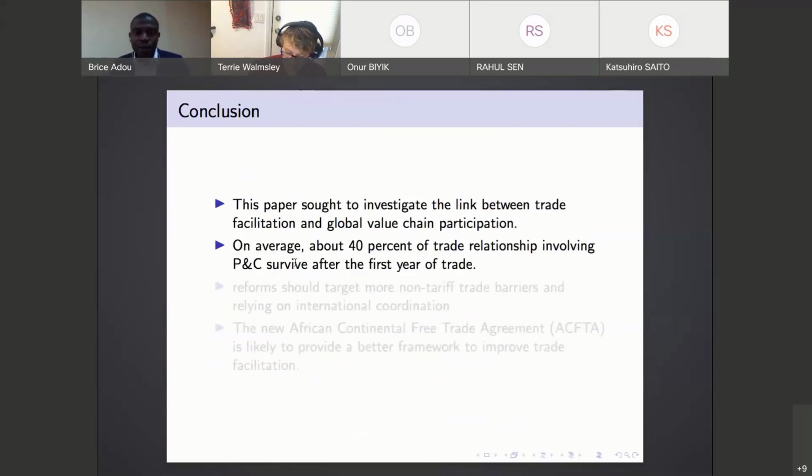We can conclude by saying that this paper was investigating the link between trade facilitation and global value chain participation.